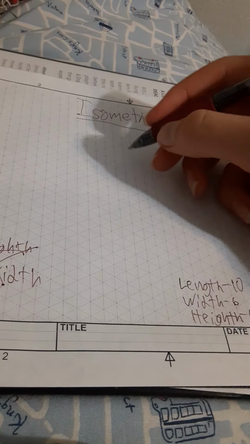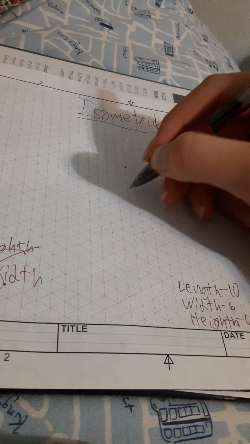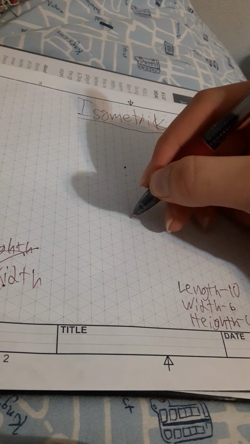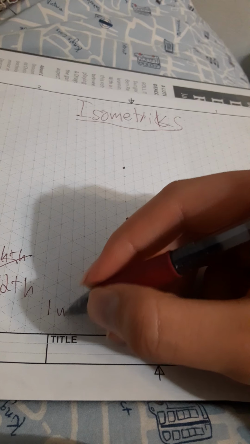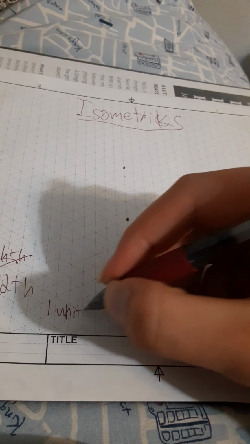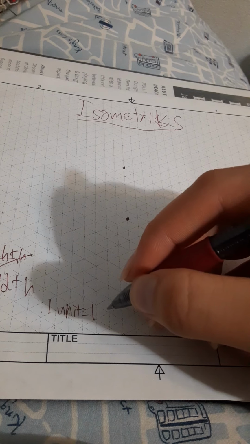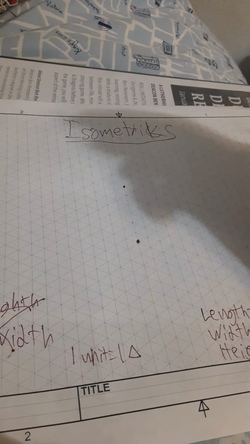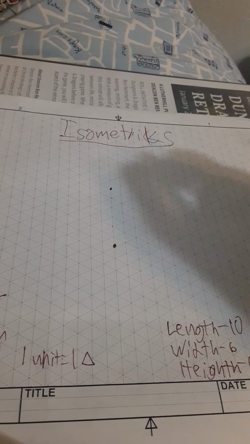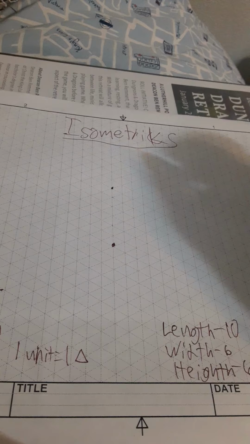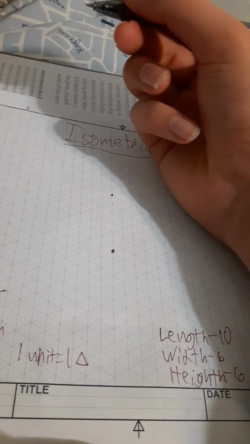Now for this one, I'm gonna go here. 1, 2, 3, 4, 5, 6. Here, also 1 unit is 1 triangle. These aren't squares. If you look at them, they look like cubes, but these are triangles. I'm gonna trace one out for you. Boom.